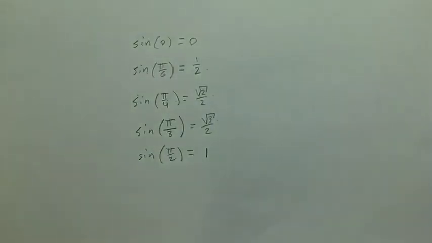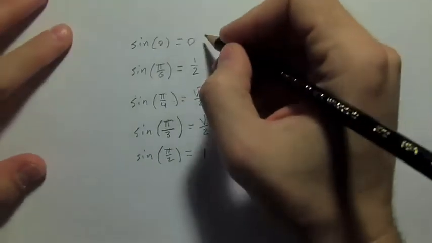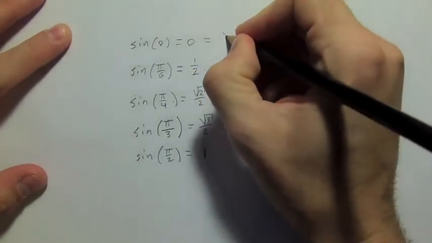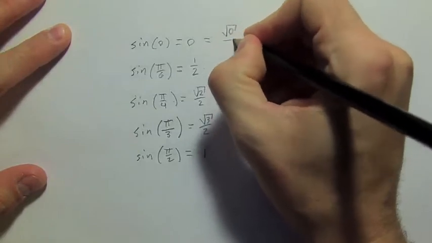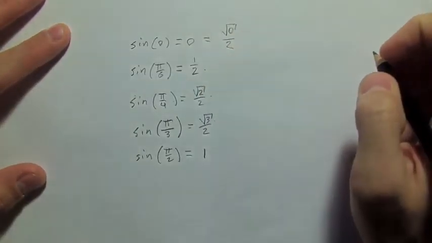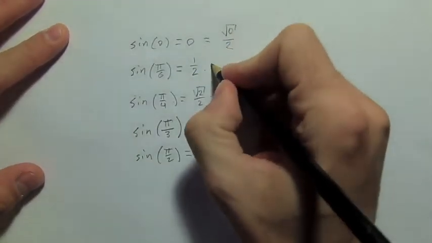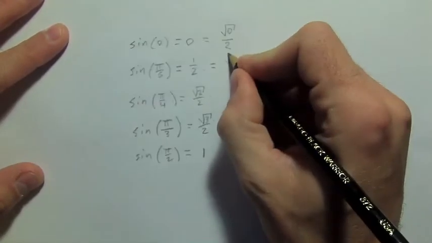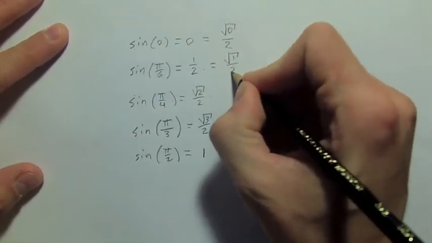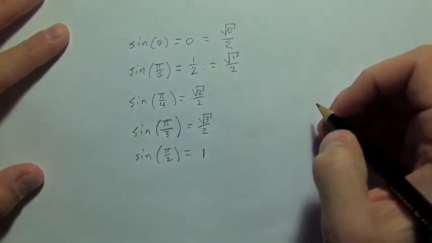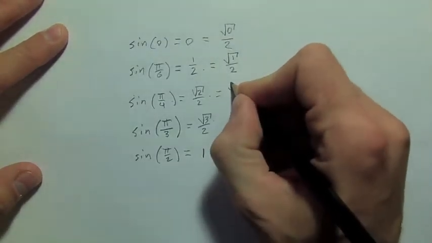Now, you might not see the pattern yet. But if I decide to rewrite everything as the square root of something over 2, you'll start to see the pattern. 0, I could rewrite as the square root of 0 over 2. You would never do that, but you could. I could rewrite 1/2 as the square root of 1 over 2. Then, of course, the square root of 2 is square root of 2.